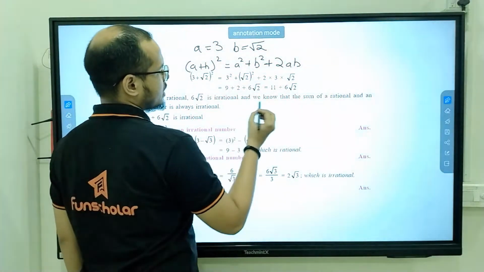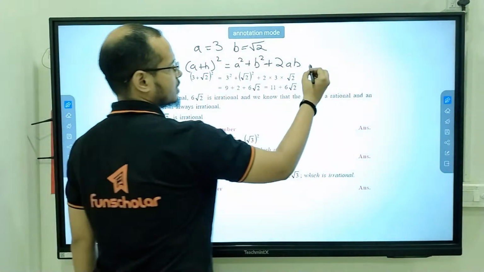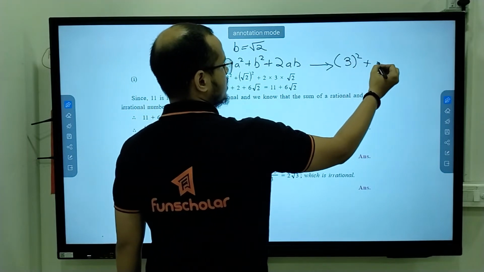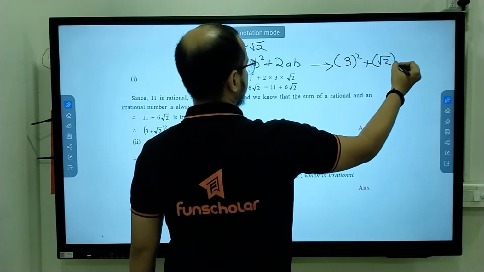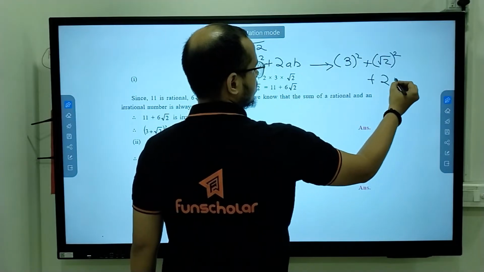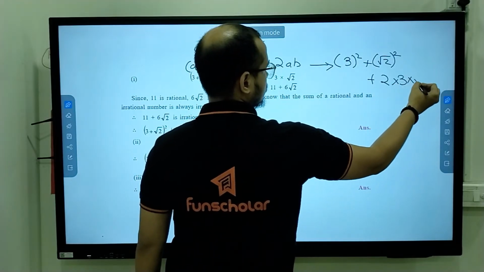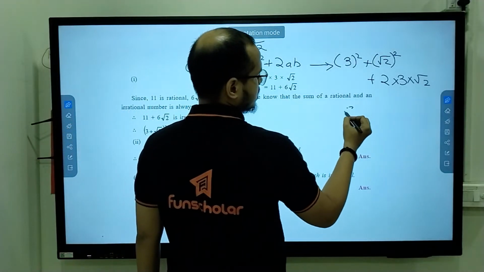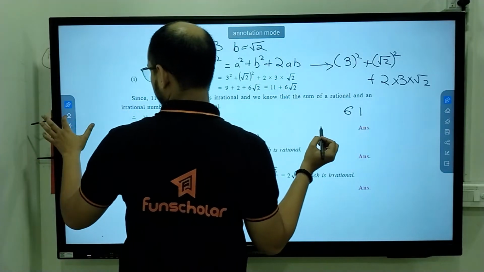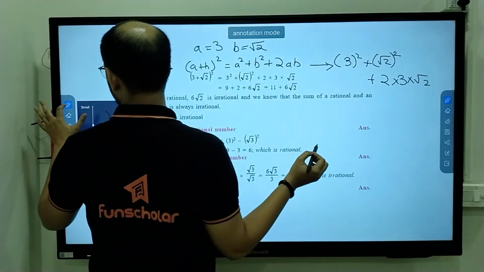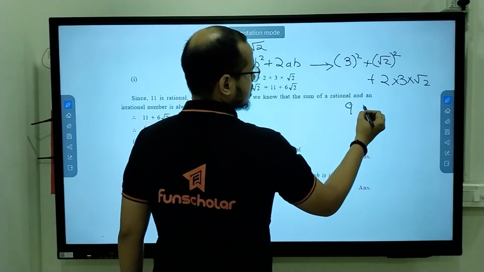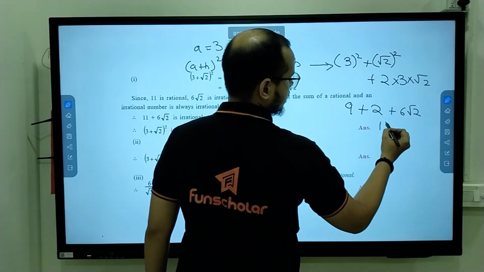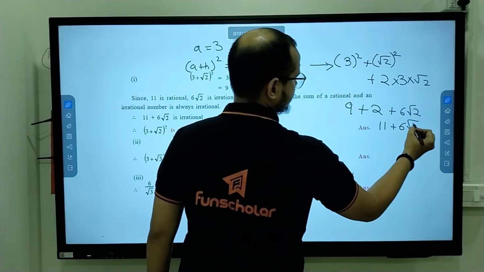Let's just substitute the value. Here a square is 3 square, b square is root 2 whole square, and 2ab is 2 into 3 into root 2. So 3 square is 9, 9 plus 2 plus 6 root 2, so 11 plus 6 root 2.